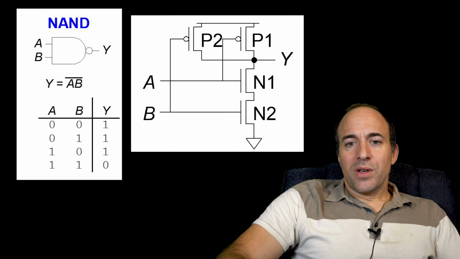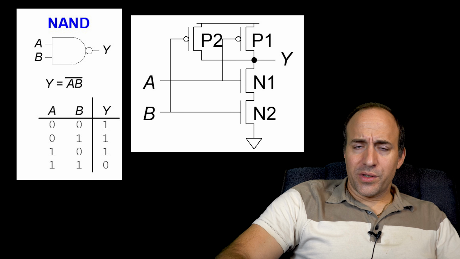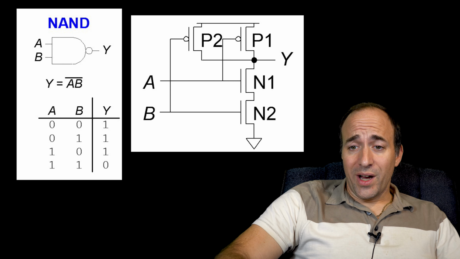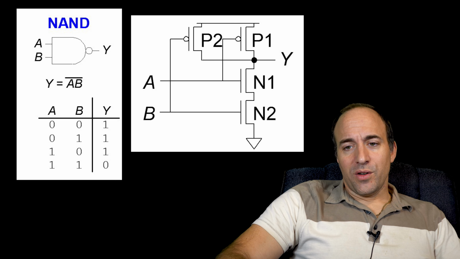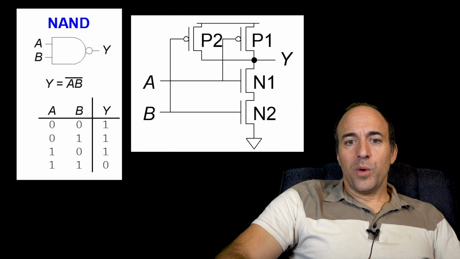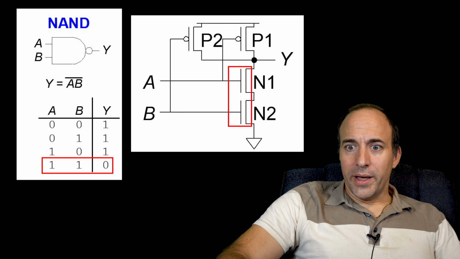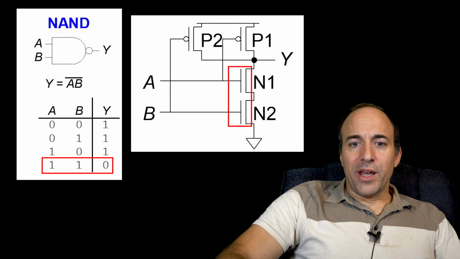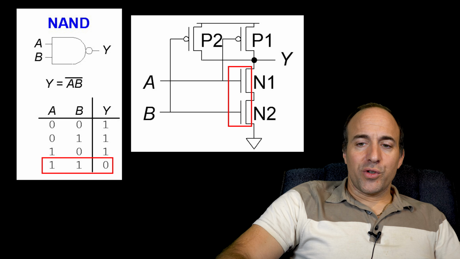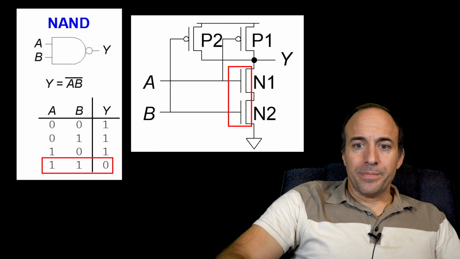So for each of these, you only need to consider the 1 inputs when designing the pull-down transistors, and only the 0 inputs when you're designing the pull-up transistors. So if we look at a row with a 0 output, you'll see that both A and B are 1. Since the 1 value activates the NFETs, you can connect them in series, meaning that both transistors need to be on to pull the output down to 0.